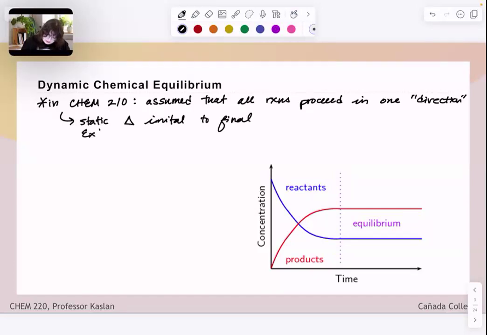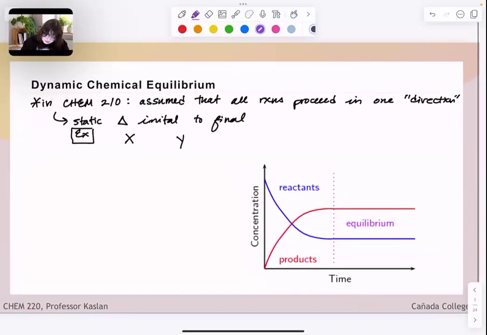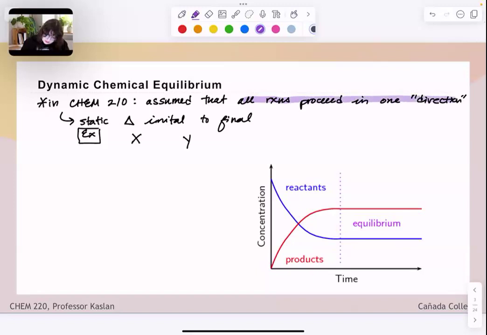So for example, if we were to look at the reaction of X going to Y in Chem 210 or in Gen Chem 1, the assumption that reactions proceed in one direction, resulting in just some net initial to final change, was indicated by the fact that we would draw a single-headed arrow, right?